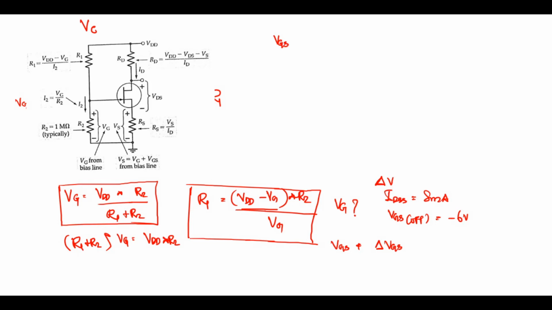VGS is equal to VGS off into 1 minus square root of ID, that is ID max, divided by IDSS.